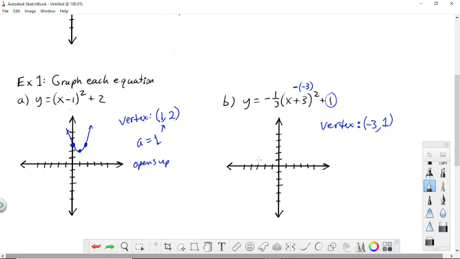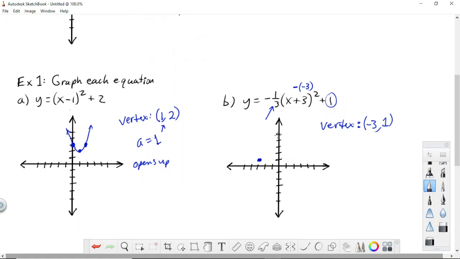So these take a lot longer to describe and talk about, since I'm trying to explain why it all works to some extent. It takes a lot longer to talk about than it does to just graph it. We have negative 3, 1 as our vertex, and then we have negative 1/3 as the slope.